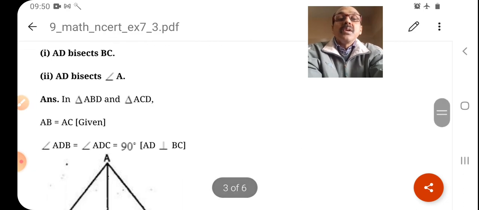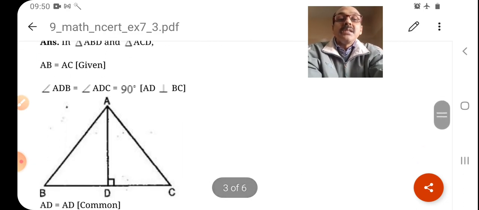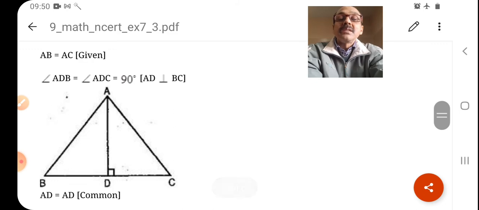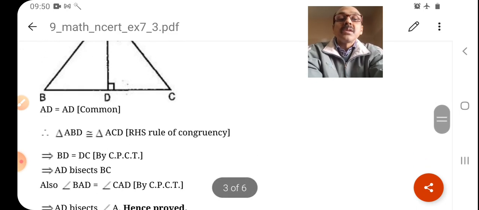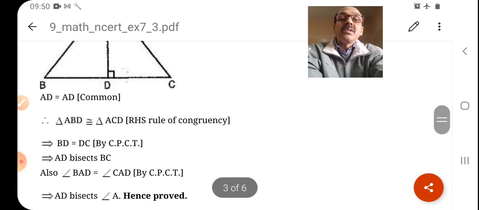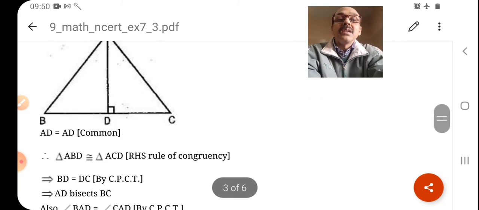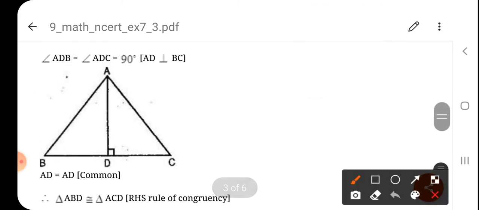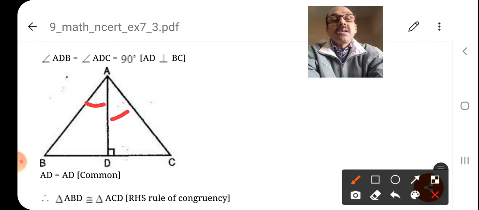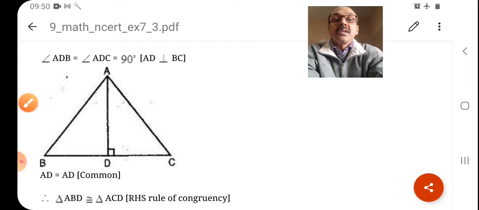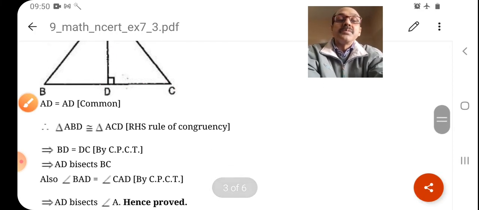So in triangles ABD and ACD, AB equals AC, these two angles are 90 degrees, and AD is the common side. By the RHS rule, triangles ABD and ACD are congruent, and by CPCT these two angles are equal and these two sides are also equal, BD equals DC.